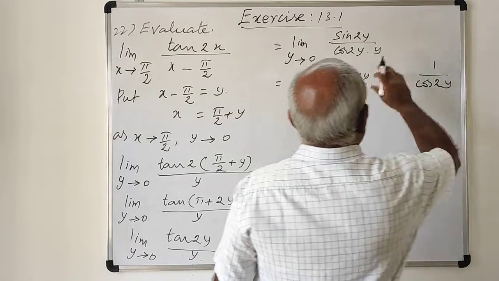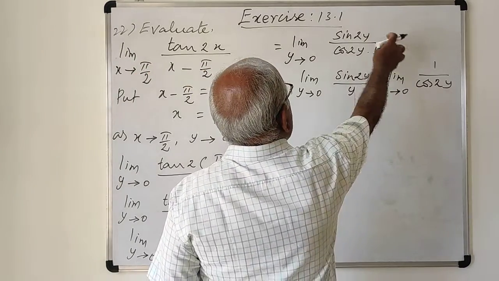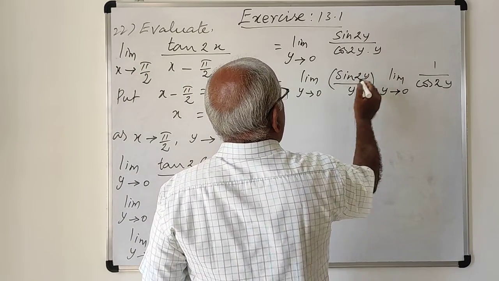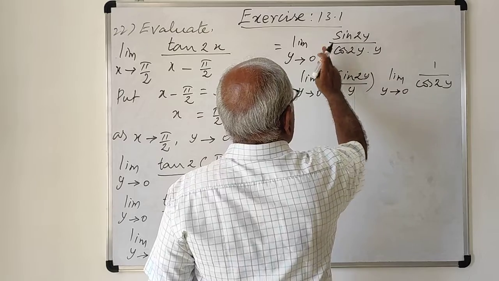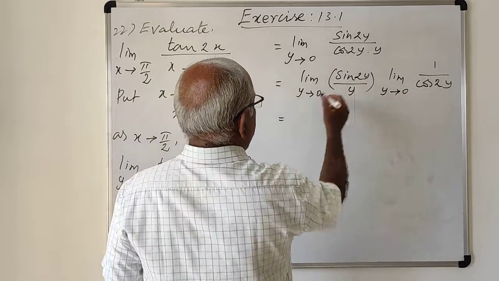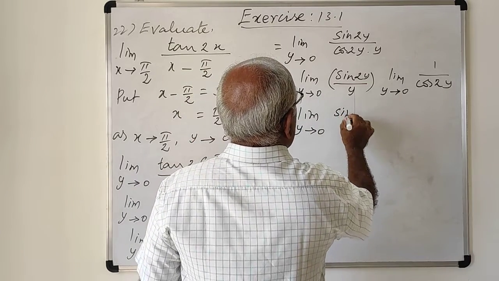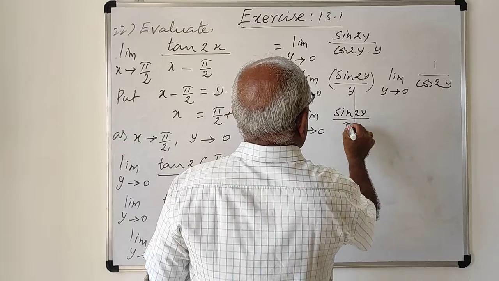So limit y tends to 0 sin 2y by y, one limit, into limit y tends to 0, 1 by cos 2y. To compensate this limit, I am going to write limit y tends to 0, sin 2y by 2y.